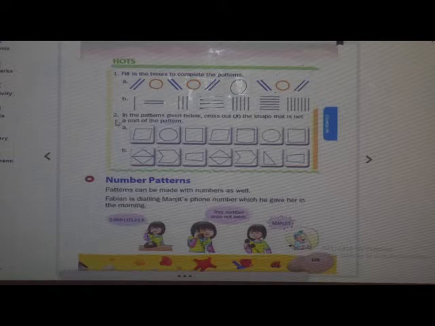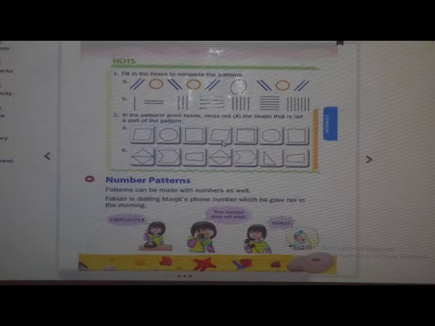Finish. Next, question 2. In the patterns given below, cross out the shape that is not a part of the pattern. देखो क्या करना है, नीचे पैटर्न्स दिए हैं. तो जो पैटर्न में नहीं आता है शेप, उसको हमें क्रॉस करना है.